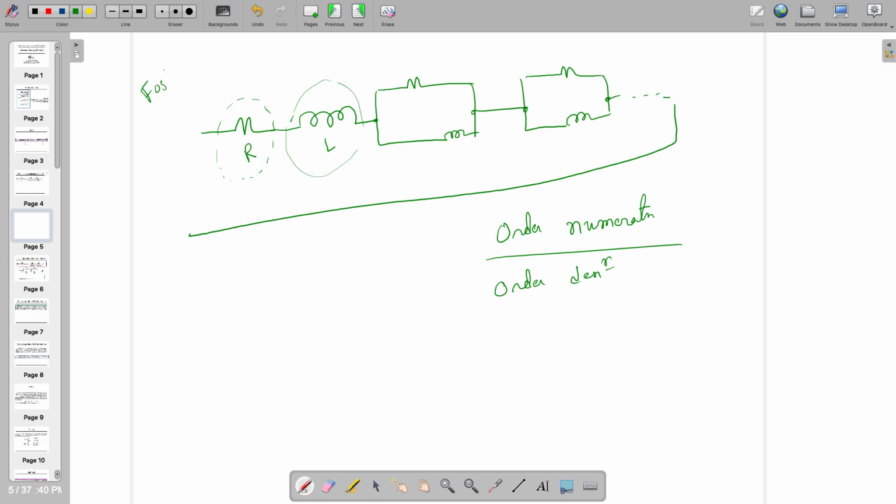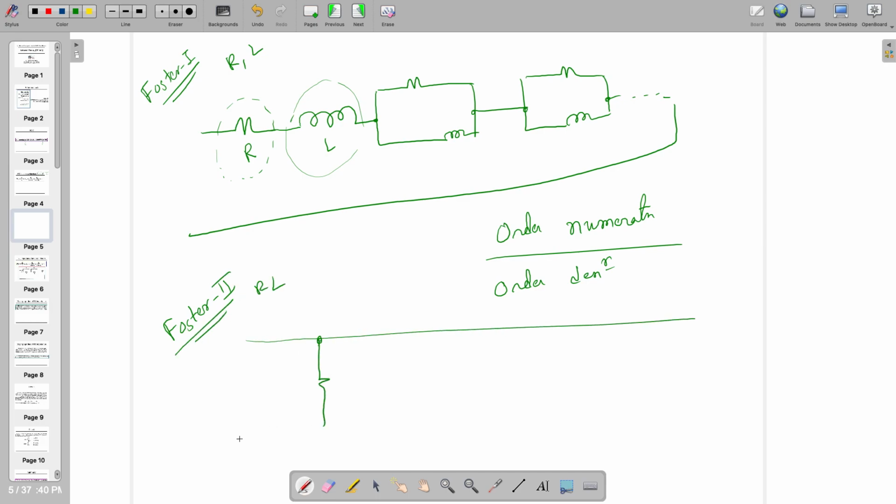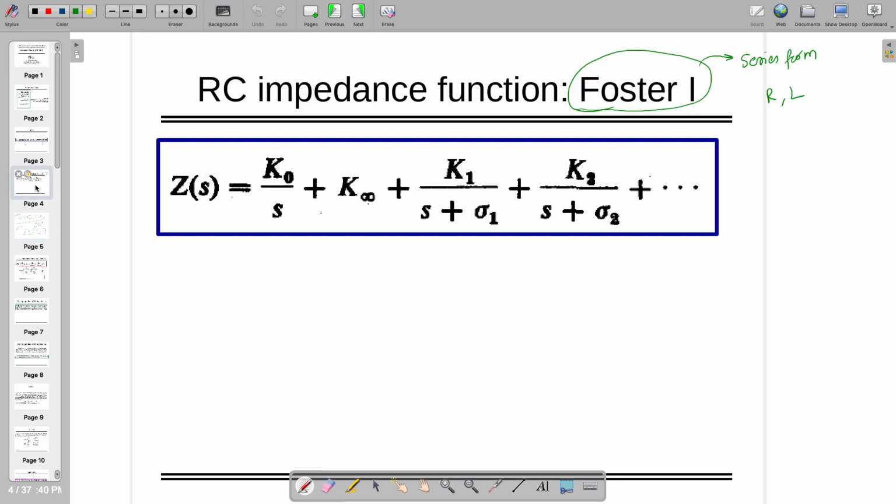So this is the Foster 1 form of RL. Similarly, if I wish to make Foster 2 for RL, I'm going to have all the entries in parallel. Right? So that is what is written here.